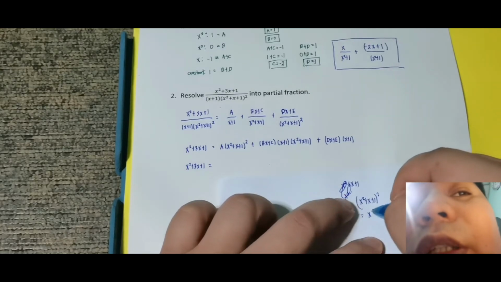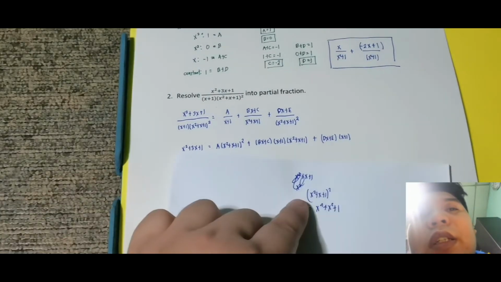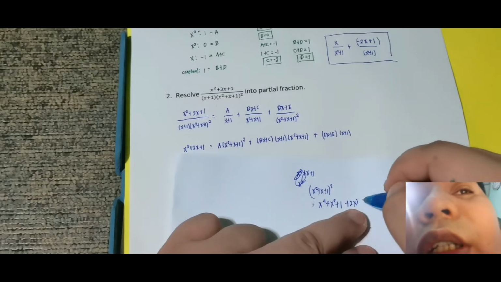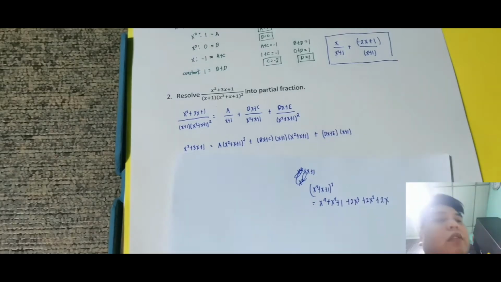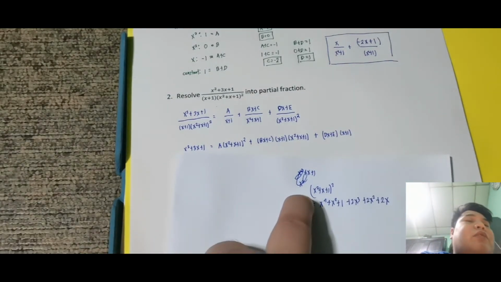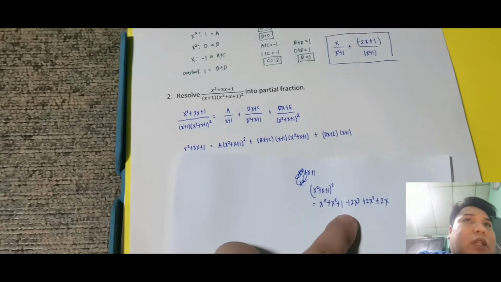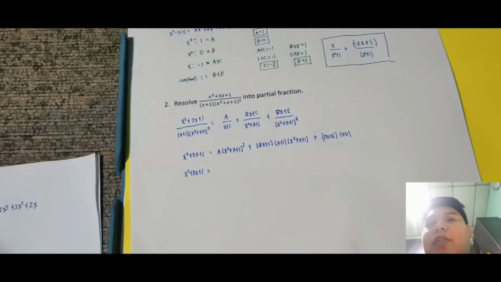This is x to the 4th plus x squared plus 1, then 2x cubed, then plus 2x squared, then plus 2x. I just used our rule for squaring three terms, a plus b plus c raised to 2, that is a squared plus b squared plus c squared plus 2ab plus 2ac plus 2bc. Okay, so that's what came out.